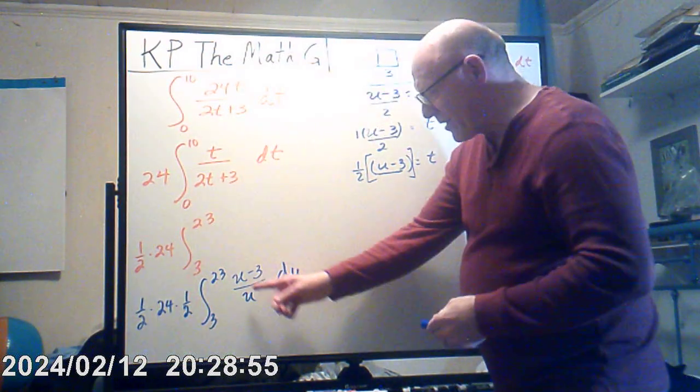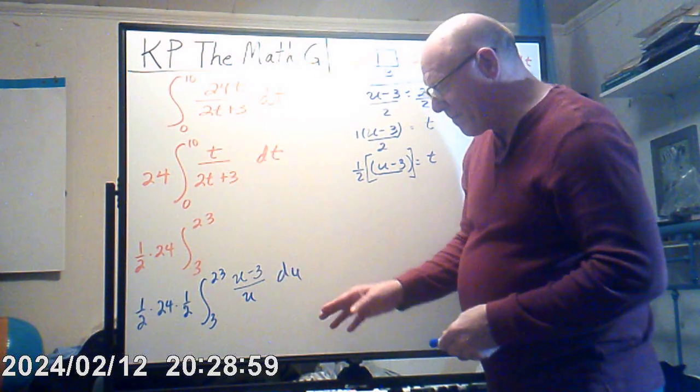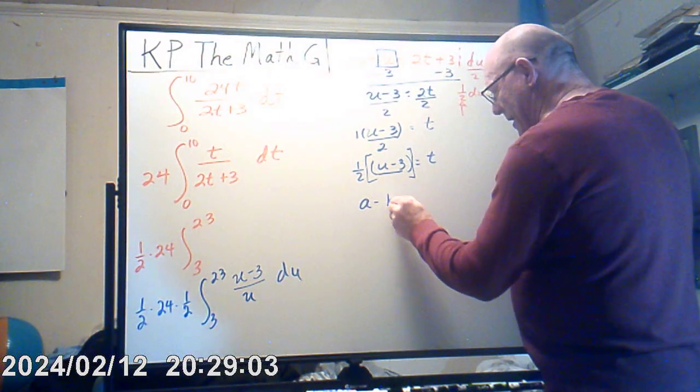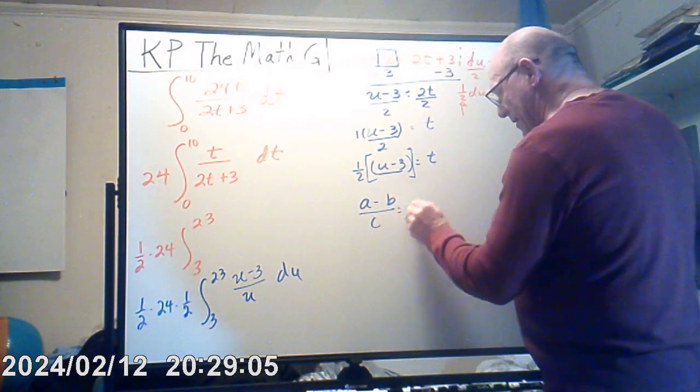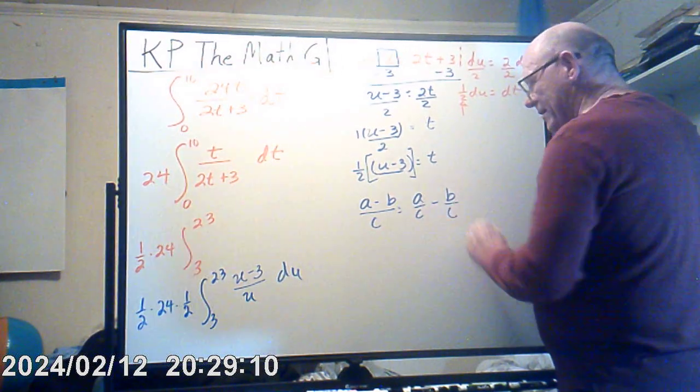I'm not satisfied with the way this is. There is a rule that says a minus b over c is a over c minus b over c.